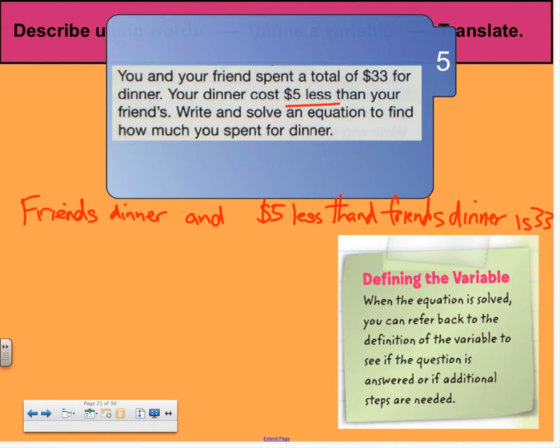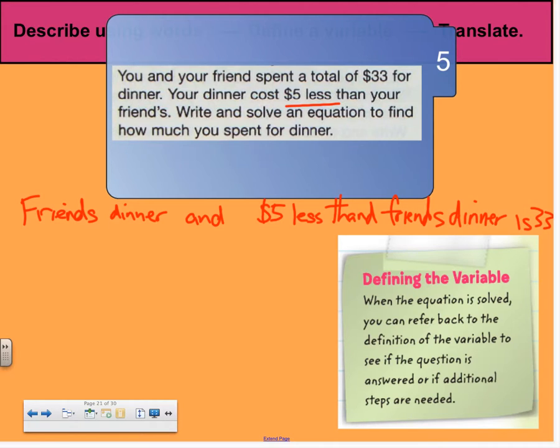So we've got to define a variable. What do we want to use to represent your friend's dinner? X, F, D. I would either do F for friend, D. I stay away from X if I can, just because lots of times it gets confused with multiplication. But if you've got that okay in your head, go ahead and use it.